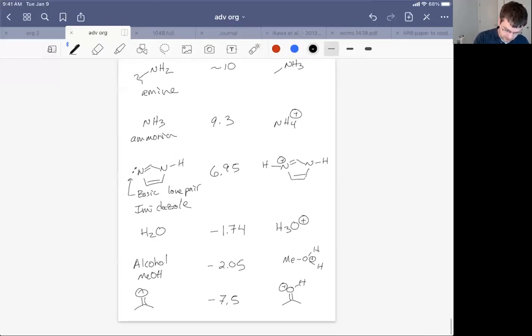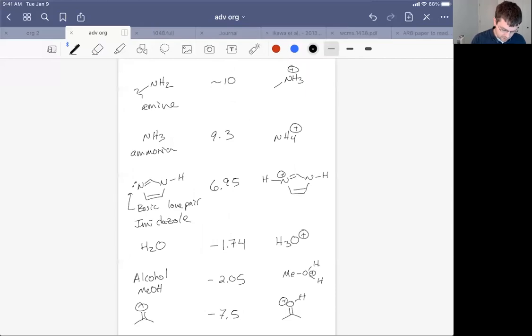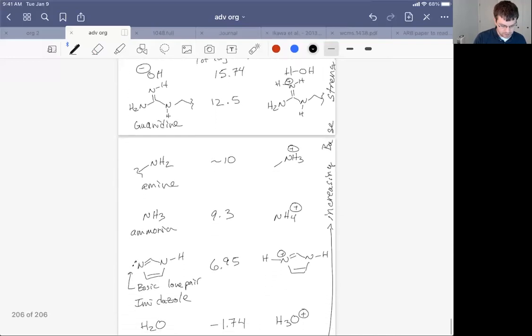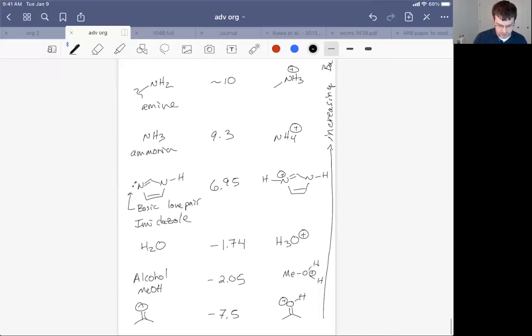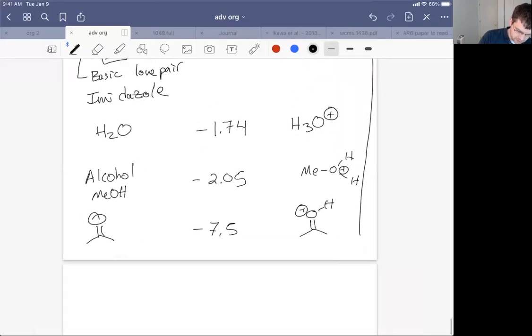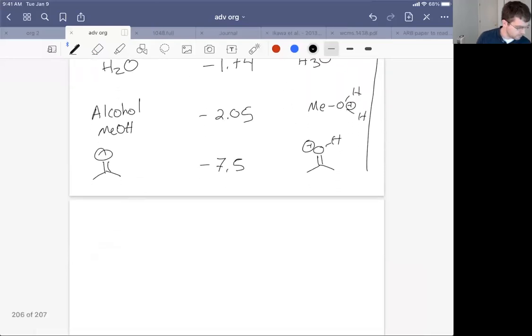So we could have an arrow of increasing base strength going along here. I just put a little arrow indicating that we're going up in the strength of the base. I'm just going to make a new page here. Zoom in. Okay. So those are our Bronsted acids.